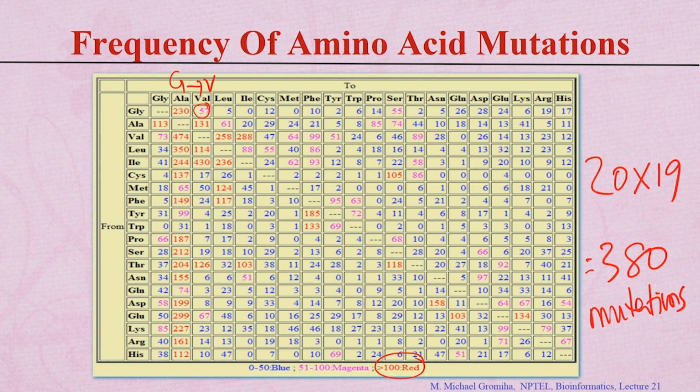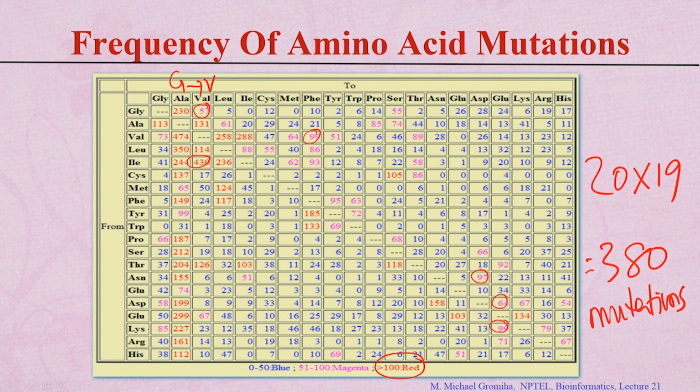Other than that, you can see several other mutations, mainly between similar types of residues. For example, isoleucine to valine, 430 times, and valine to phenylalanine. You can also see asparagine to aspartic acid, glutamine to glutamic acid, and lysine to glutamic acid.